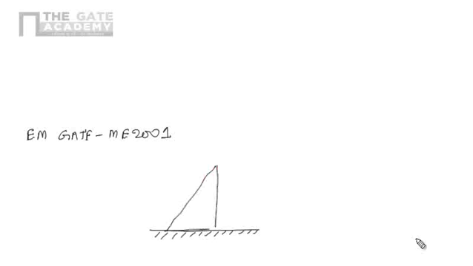Now let's take another problem of engineering mechanics, which was asked in GATE ME 2001. I am just drawing the figure for this problem. There is a surface, which we can say is a smooth surface, and there are two blocks of equal mass, this is the first block and this one is the second block.